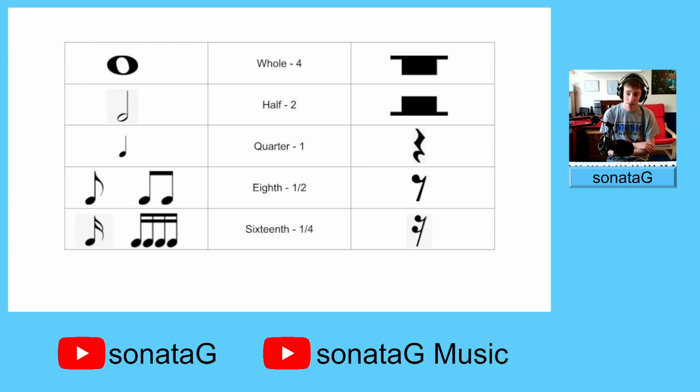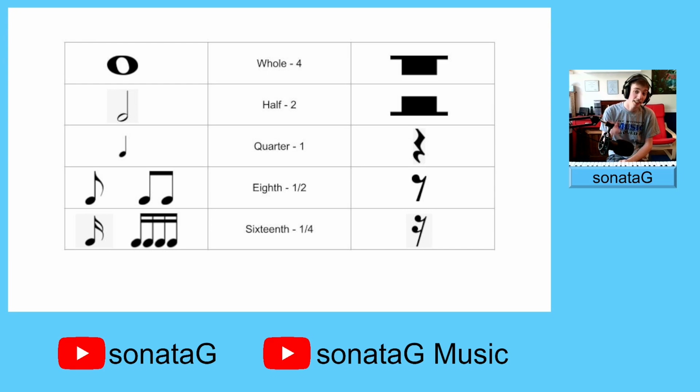And for 8th and 16th notes, you'll see 2 different kinds there. That's because when you have 2 in a row within the same beat, or not just 2, from the 16th you can see it's 4, they actually are put together. And so the left picture is when it's on its own, the right picture is when they're actually put together.